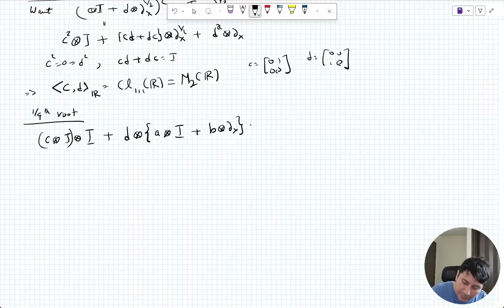So this ends up being equal to C tensor I plus D tensor A tensor I plus D tensor B.